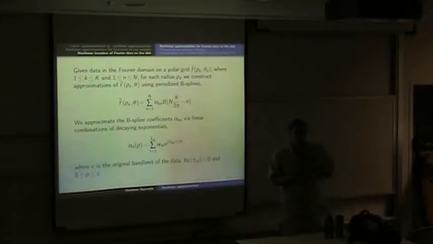Let's say we want to extrapolate outside of some original disk. We have an initial disk of data, we approximate all of those concentric circles, and then we do approximation on the B-spline coefficients via decaying exponentials. We choose some radius that we want to evaluate at, and then we have a whole bunch of B-spline coefficients that we can use to evaluate the new function on that circle.